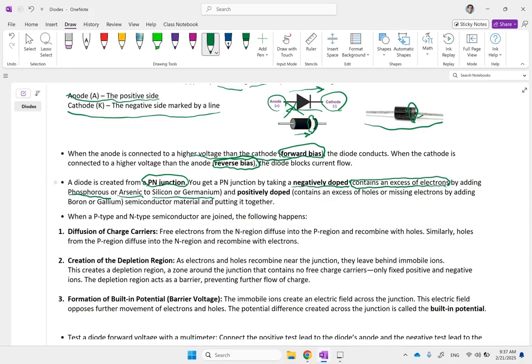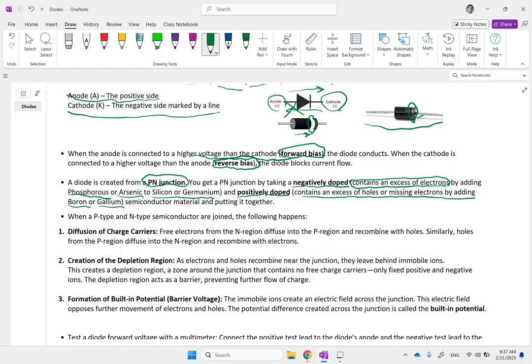Again, I don't want to get into valence electrons and all those chemistry things, but if you want, you can dig deeper into this area. Then the other side, you make positively doped. Here you add chemicals like boron or gallium, and make the other side have an excess of holes, or missing electrons.